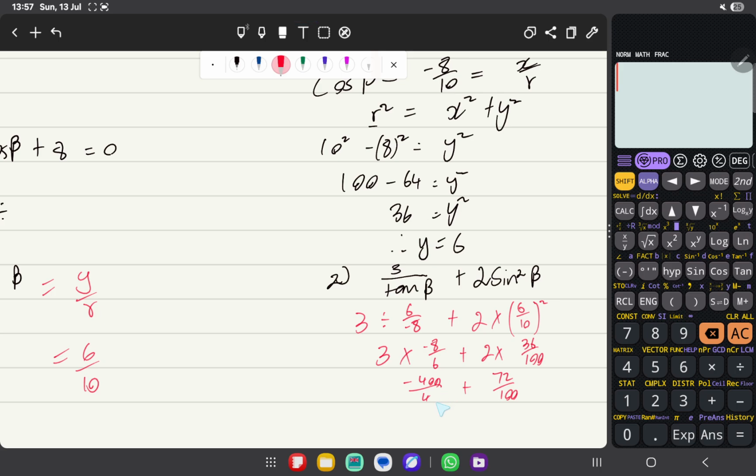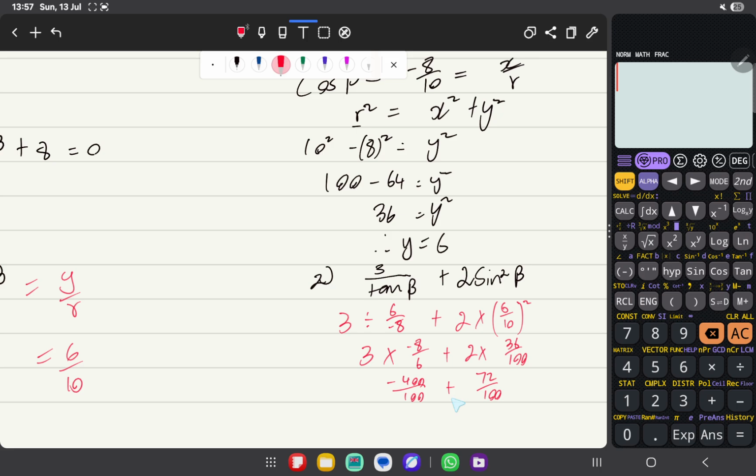Oh, that's going to give me, now I want to have 100. Yes. Oh yes, this is fine. Yeah, so then therefore the final answer is going to be negative 328 over 100.